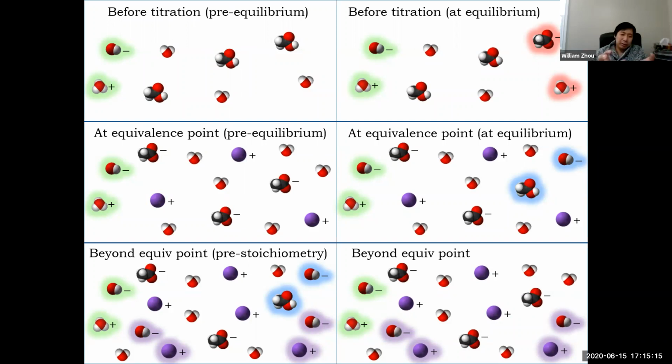You think, what equilibrium? I thought neutralization is a one-way reaction, right? Yes. But the conjugate base, the acetates, are weak bases. And they have the ability to take protons from water, and that will reach equilibrium. Does that make sense? So the panel on the right in the middle, you see there are 2 molecules highlighted in blue.